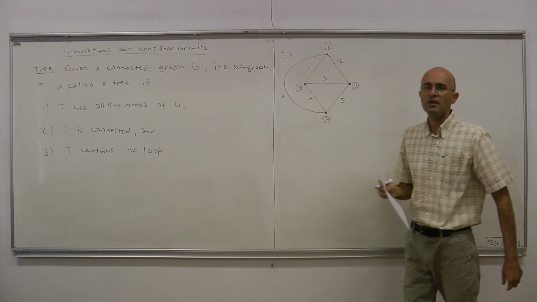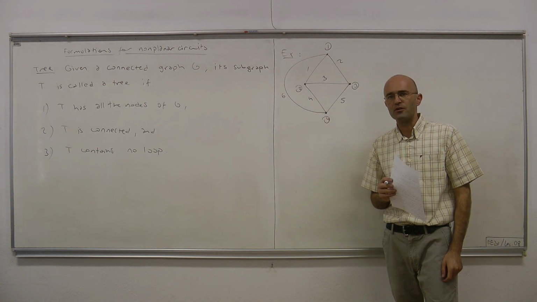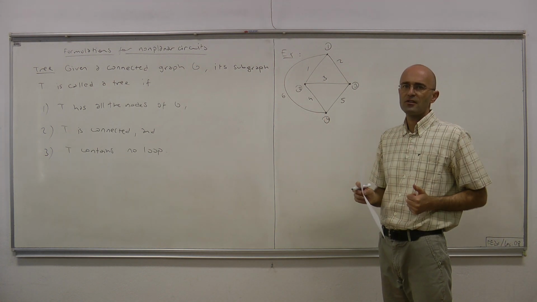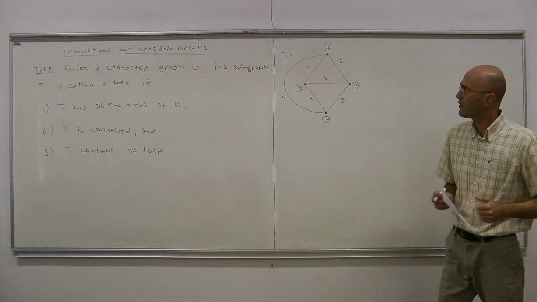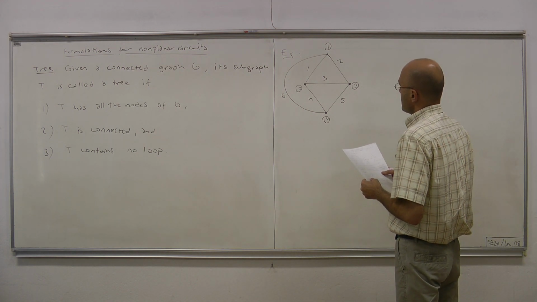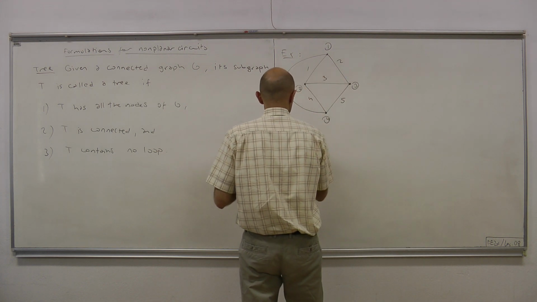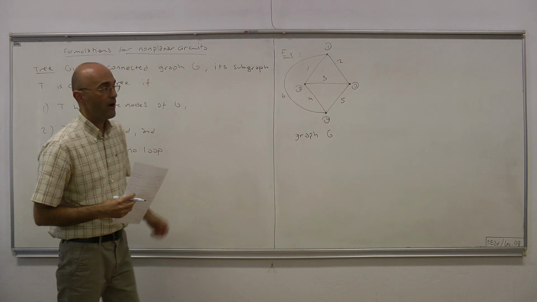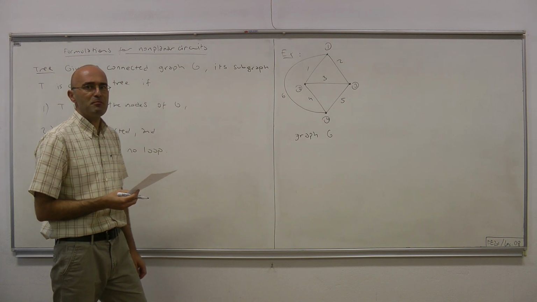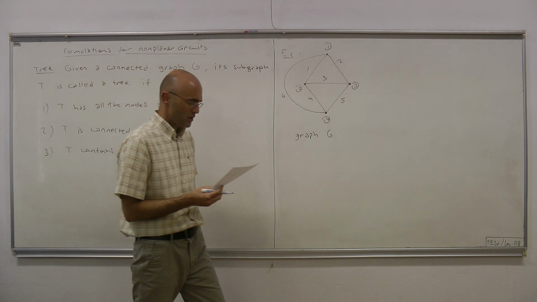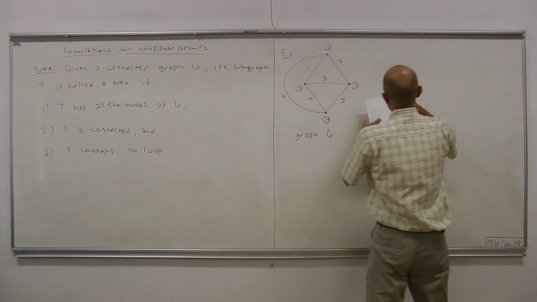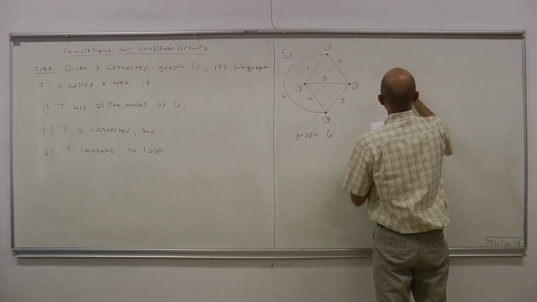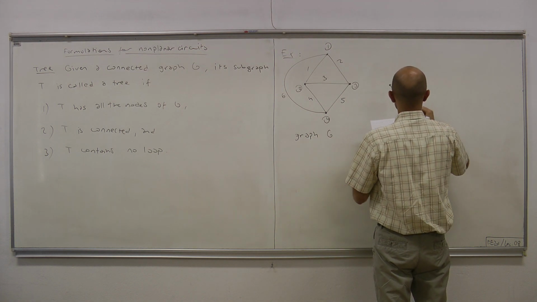Now we don't have to indicate the directions of the branches because this definition doesn't care about the directions. Okay, so that's our graph, which we labeled as G. Okay, graph G. Now this graph has many trees, some of which, for instance, is here.